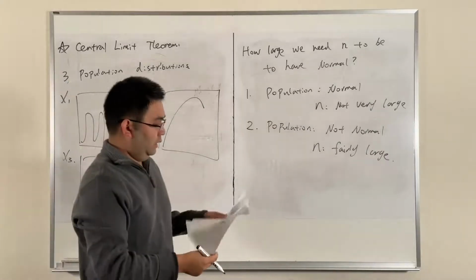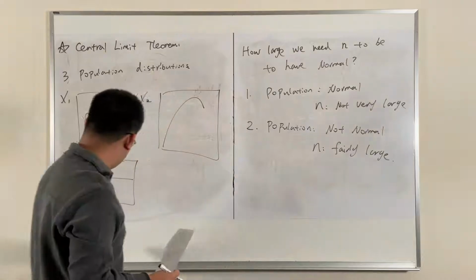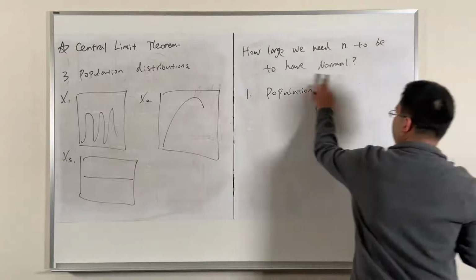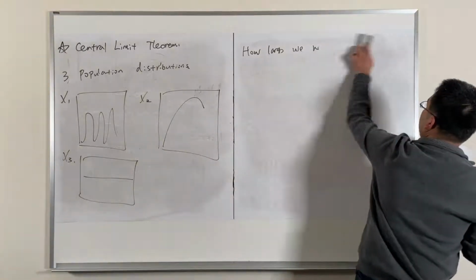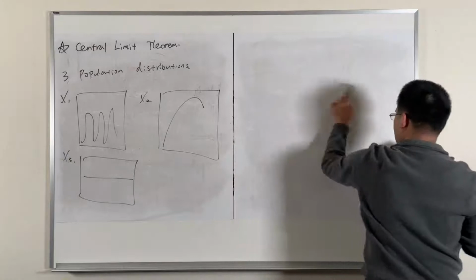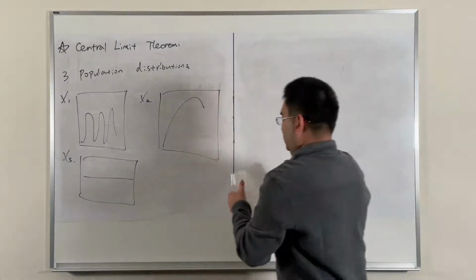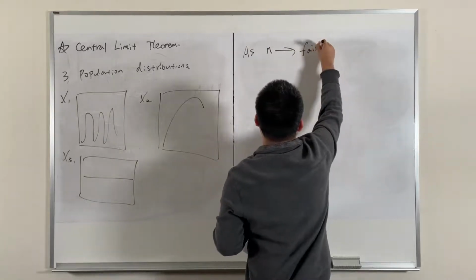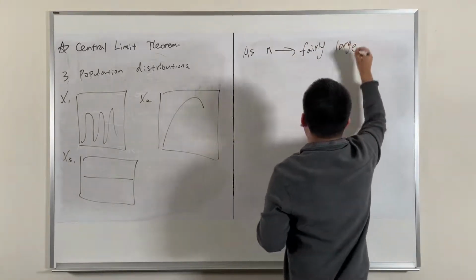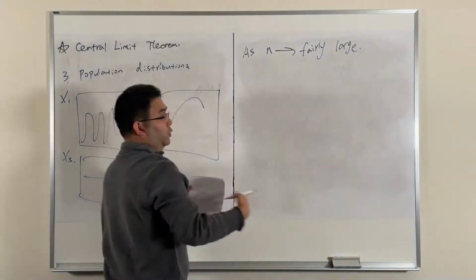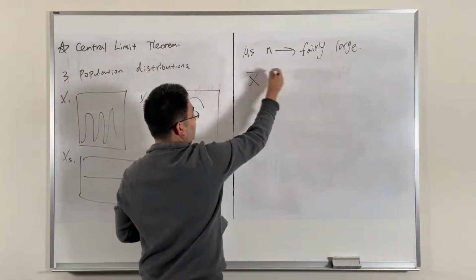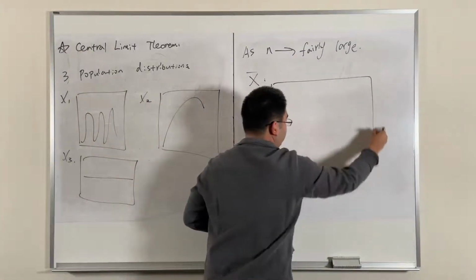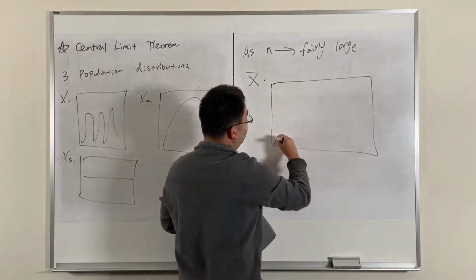But under the central limit theorem, as n gets fairly large, the distribution of your x bar, your sample mean, by the central limit theorem, will become something like this.